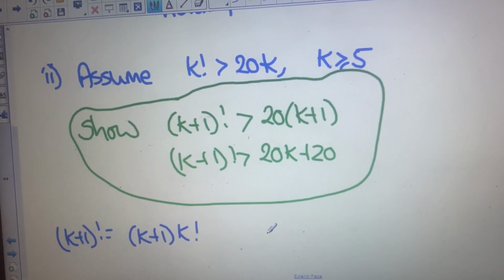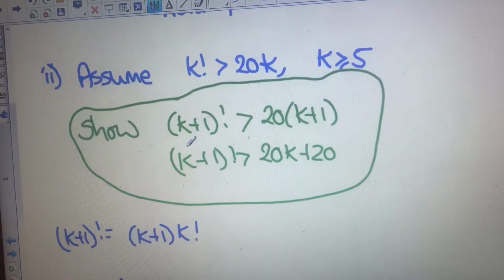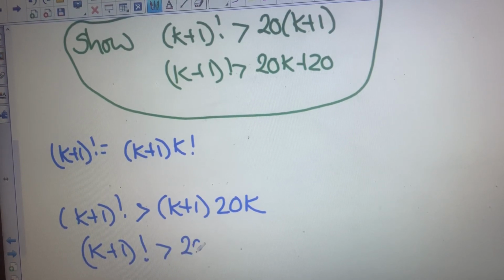And that means k plus 1 factorial will be greater than k plus 1 times whatever k factorial was greater than, which was 20k. So k plus 1 factorial is greater than 20k squared plus 20k.